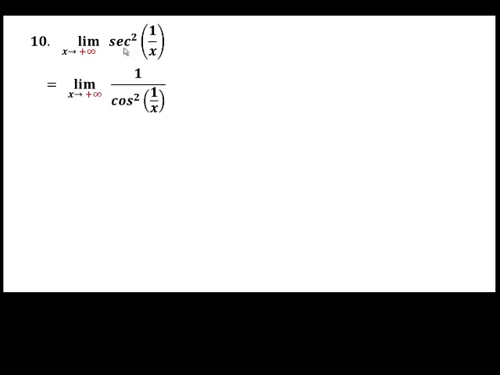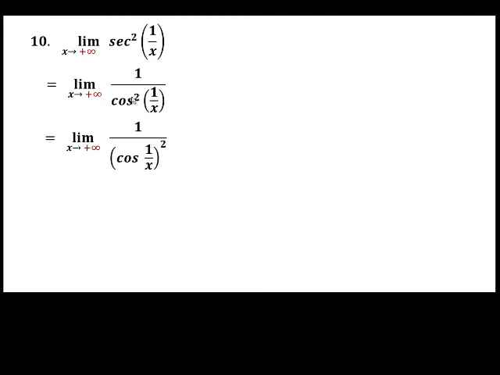Next, evaluate the limit of secant squared of 1 over x as x approaches positive infinity. Let us express secant squared or secant in terms of cosine. Then evaluate as x approaches infinity. So 1 over x as x approaches infinity becomes 0.